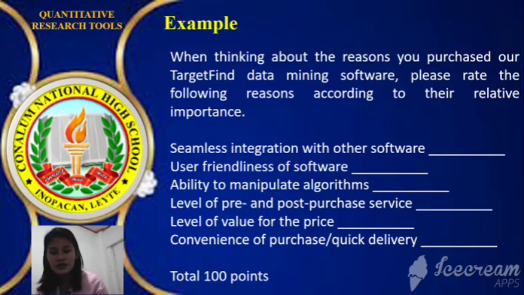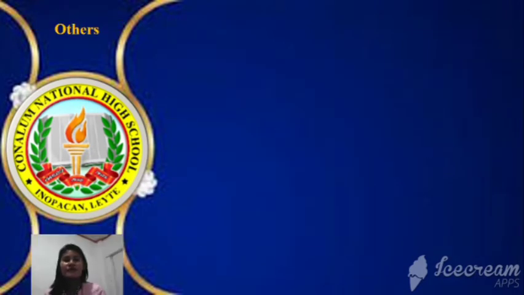You are going to distribute 100 points. How many points are you going to give for her dancing skills? If you observe that she's good in dancing, you can give 75%. The remaining 25% will be divided between the other two skills. That's constant sum.